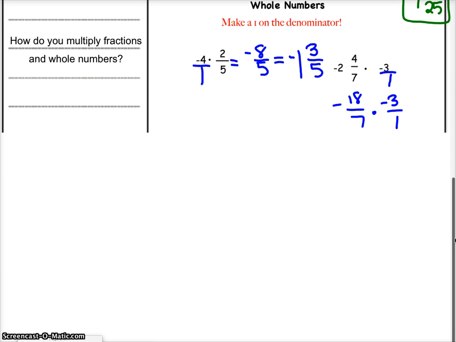I can't cross simplify, so I'm just going to go top times top over bottom times bottom. I don't know what 18 times 3 is, so I have to do a little bit of math. 54. Is this going to be a positive or negative 54? Two negatives turn to a positive. 7 goes into 54 how many times? 7. Yep, 7 times. What remains? 5. 7 as the denominator.